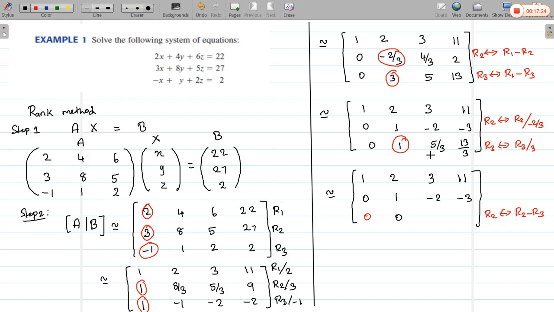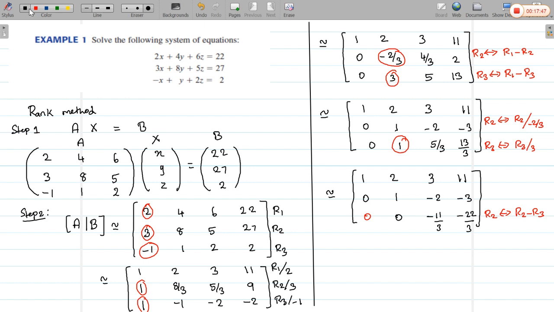Minus 2 minus 5 over 3 will give you minus 11 over 3. Is that okay? Minus 3 minus 13 over 3 will be minus 22 over 3. Any questions? Is that clear?